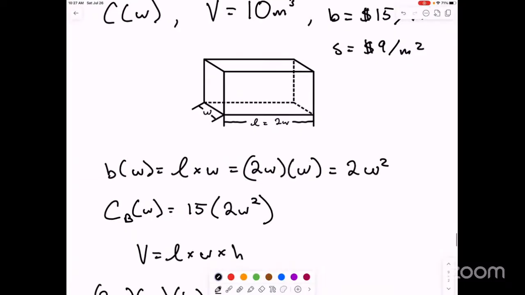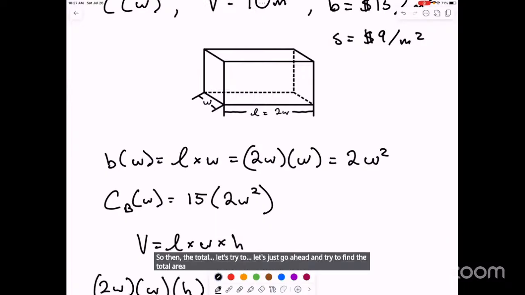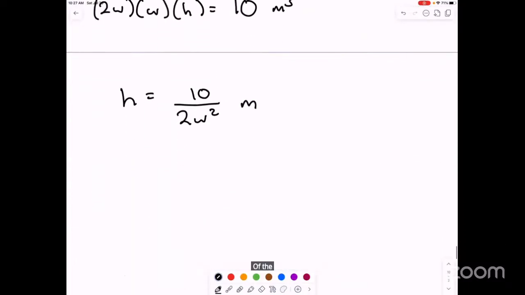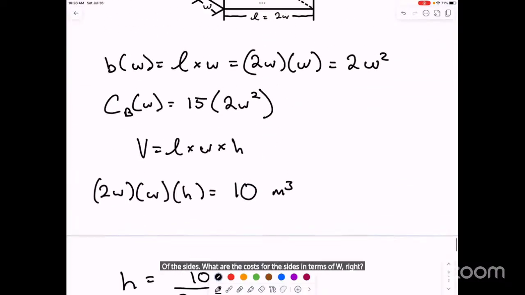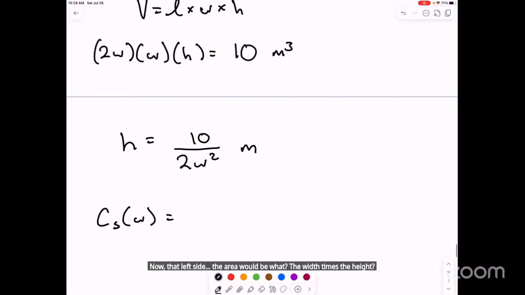So then let's try to find the total area of the sides, or the cost for the sides in terms of W, right? Now that left side, the area would be the width times the height.